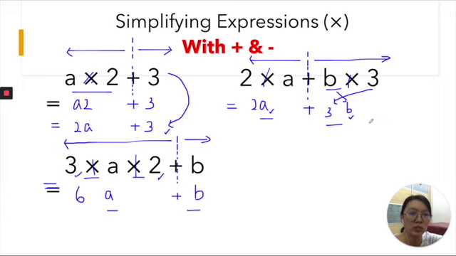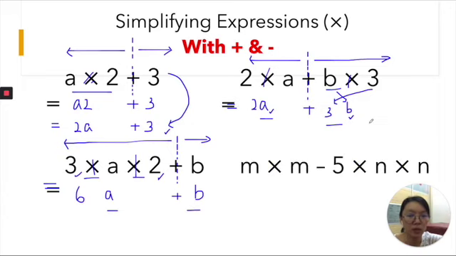Last one. I have m times m minus 5 times n times n. Again, in this expression, look for plus and minus. Draw a line. m times m, throw away the times.